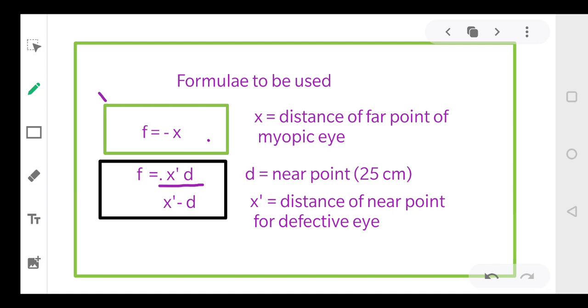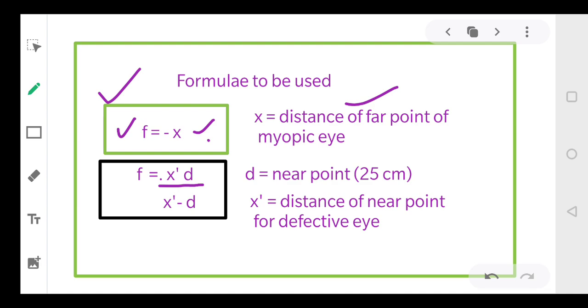Now this first formula will be used if a person has myopia. Here f means the focal length. I hope you remember. The focal length is equal to minus x. Now what is x? x means the distance of the far point.